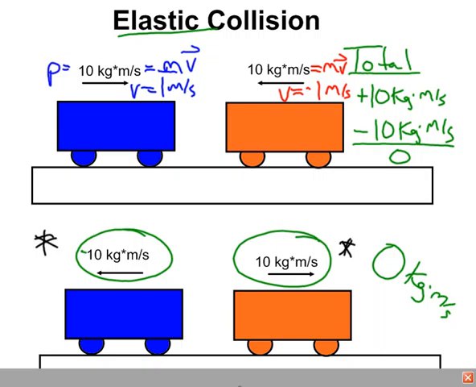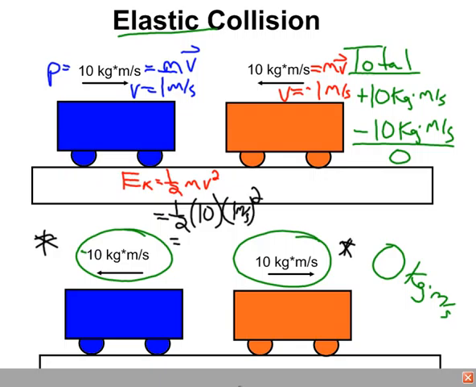The total kinetic energy of each of these objects, given by the equation EK equals 1/2 mv squared, means that the blue object has a total kinetic energy of 1/2 times 10 kilograms times 1 meter per second squared.